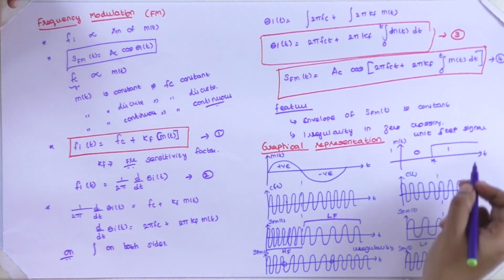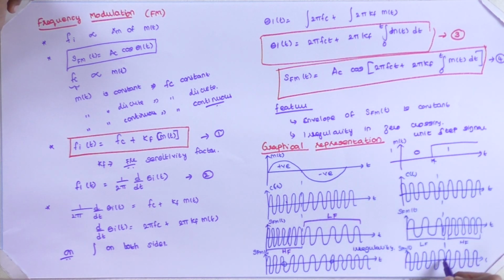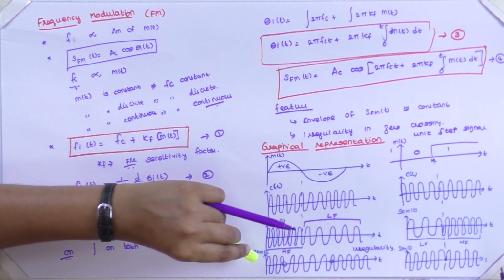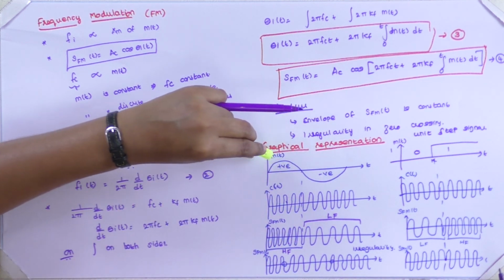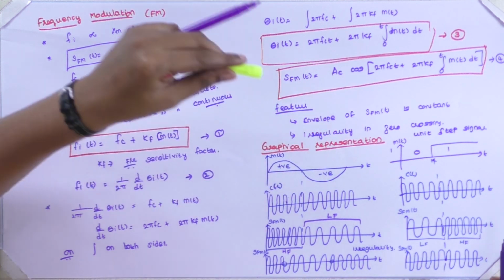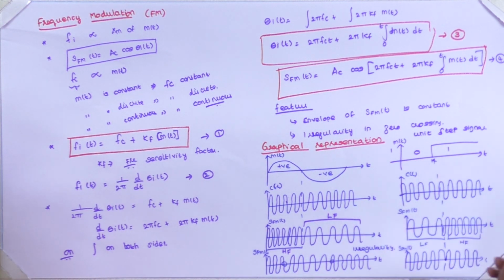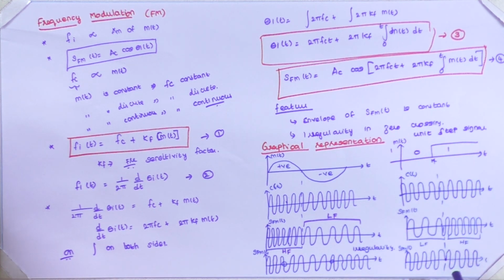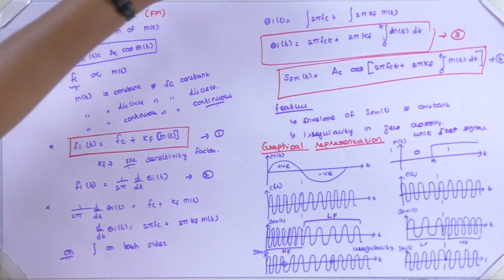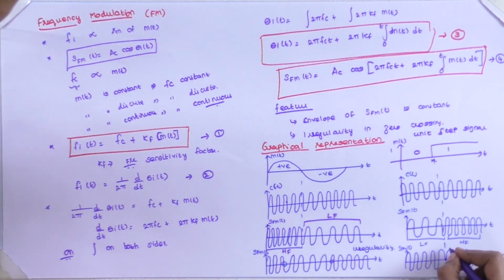Whenever we have a change in value in the message signal, the phase will be changed. In a continuous signal, it is difficult to emphasize this because at every point we have a change in value. But here, until this point k we have 0, and after this k we have value 1. Therefore the phase variation is clearly visible in this type of unit step signal. This is a phase reversal period.